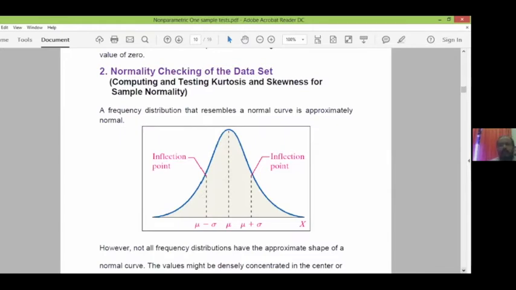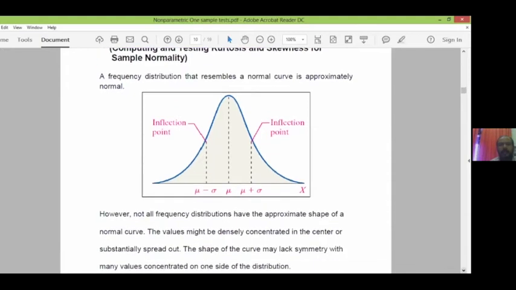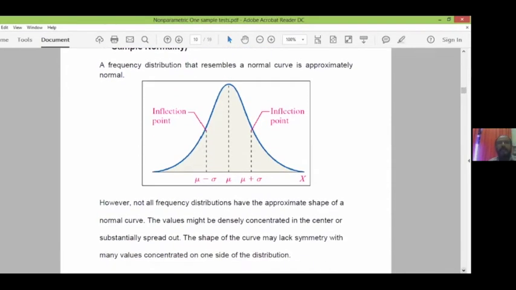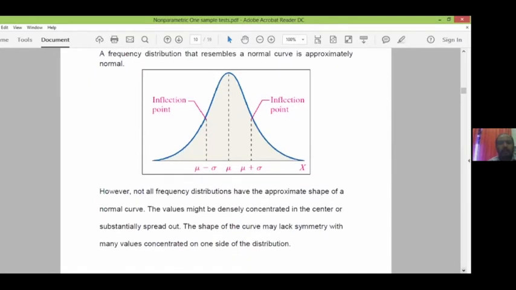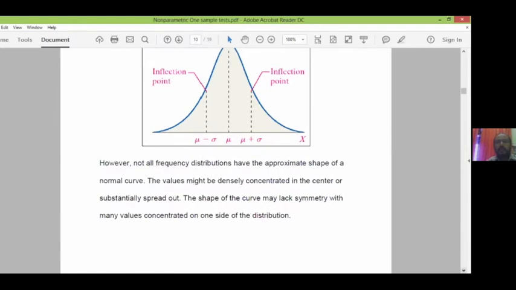Look at here, this is the normal curve, and here are the inflection points on both sides. There is the point here, and mu is the mean, median, mode, and this is a symmetrical curve. We call this a symmetrical curve.